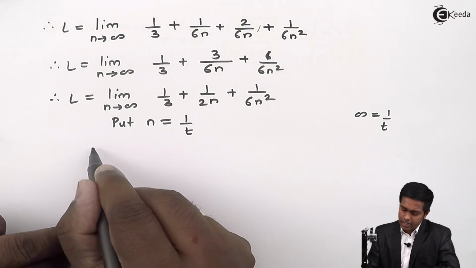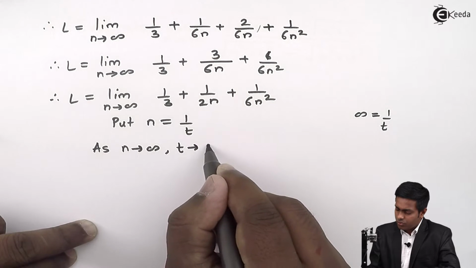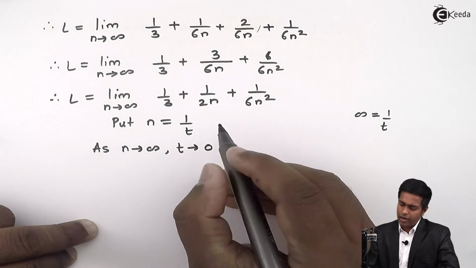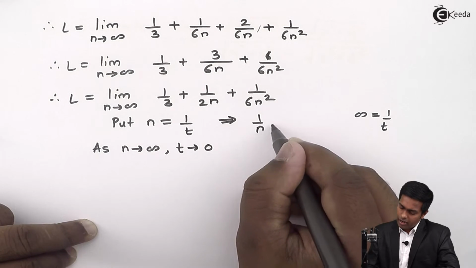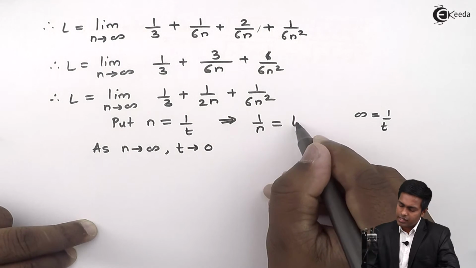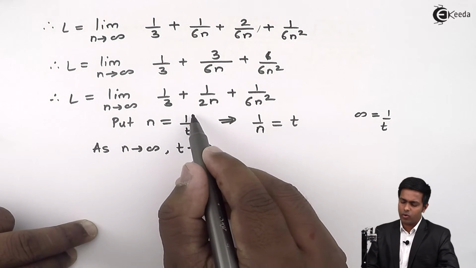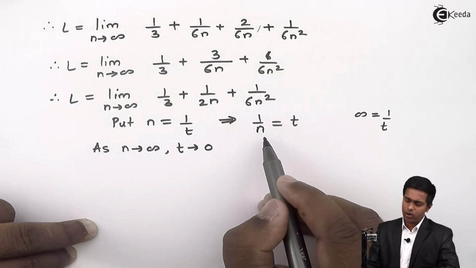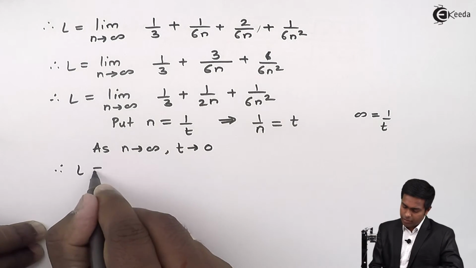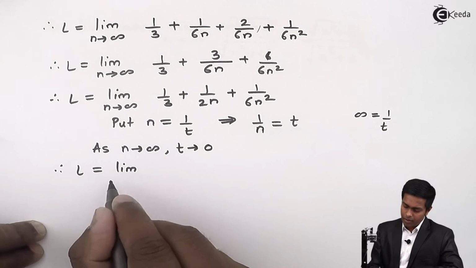So as n tends to infinity, t tends to 0. Now as we got n equal to 1 by t, if I find 1 upon n, that is the reciprocal of this term, I'll get t. So wherever I have n, I'll substitute 1 by t, and wherever I have 1 upon n, I'll substitute t.